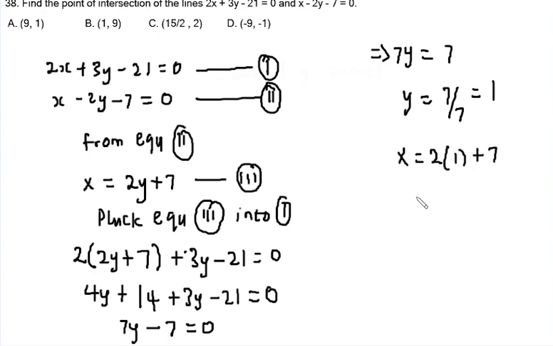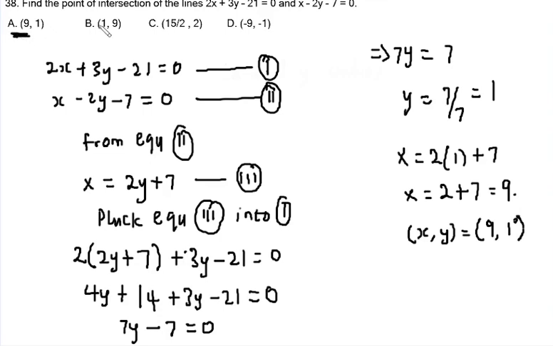Okay, so x is equal to 2 times 1 is 2, plus 7. So 2 plus 7 is 9. Okay, so you have your x comma y value. X comma y value is simply 9 comma 1. Now if we go to our options and take a look, that's option A.